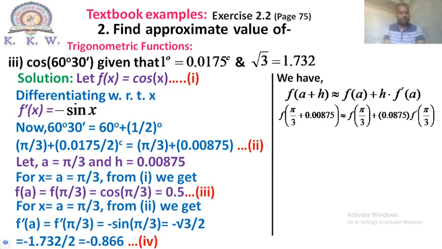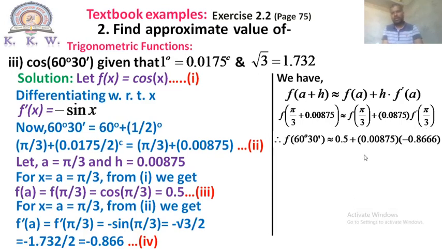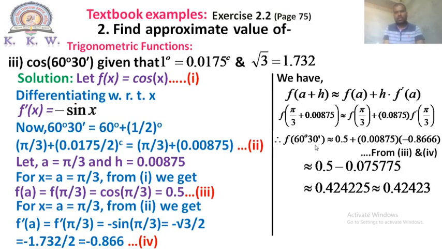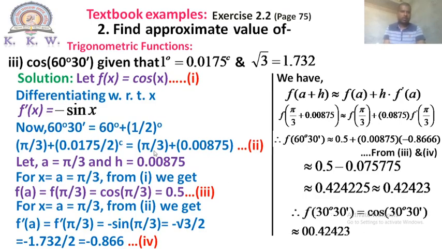F dash of pi by 3 is minus 0.866. By putting these values and calculating, we get f of 60 degree 30 minute approximately equal to 0.424. Therefore, the approximate value of cos 60 degree 30 minute is 0.423.